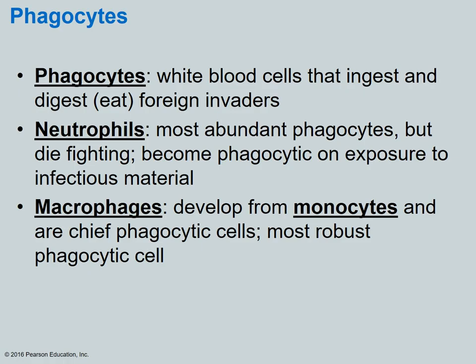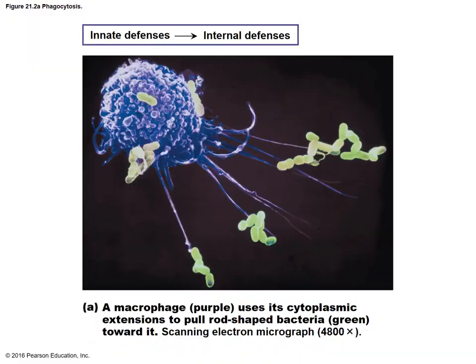Macrophages develop from monocytes, which are another one of your types of leukocytes, white blood cells. They are the chief phagocytic cells. This is a picture of a macrophage, the large purple substance, and it is basically trying to engulf the bacteria, the small rod-shaped structures that are kind of that greenish color.